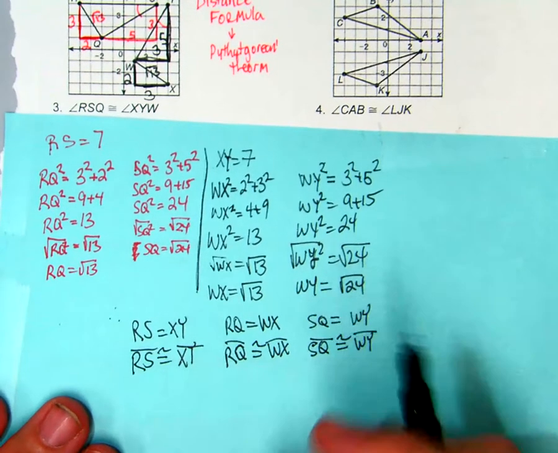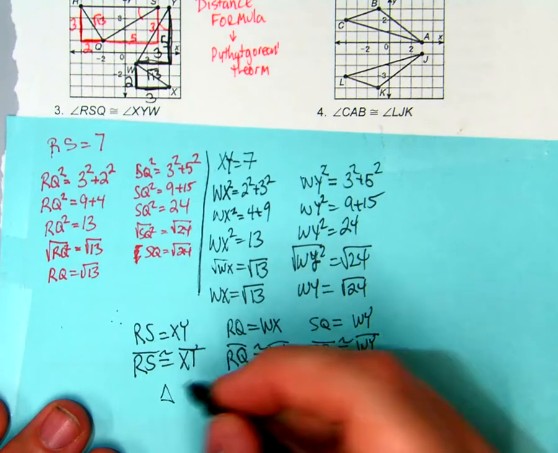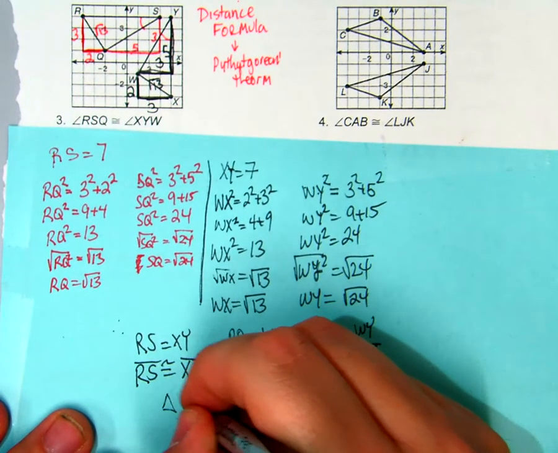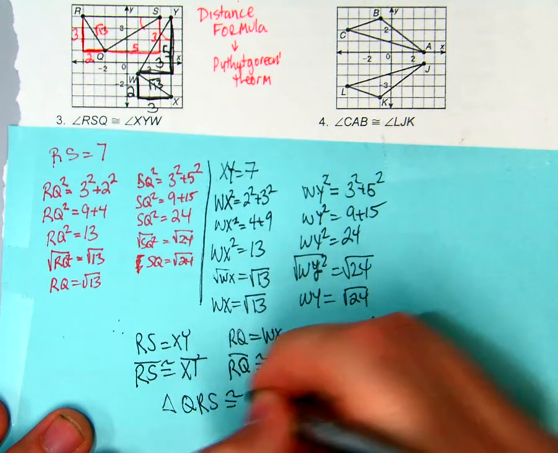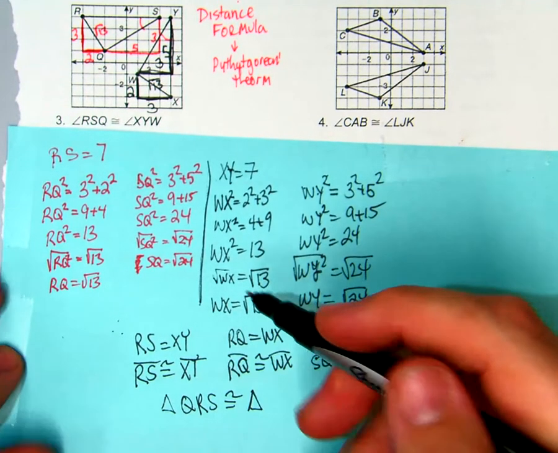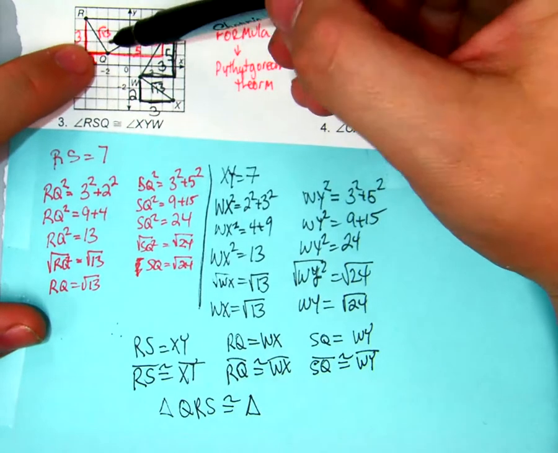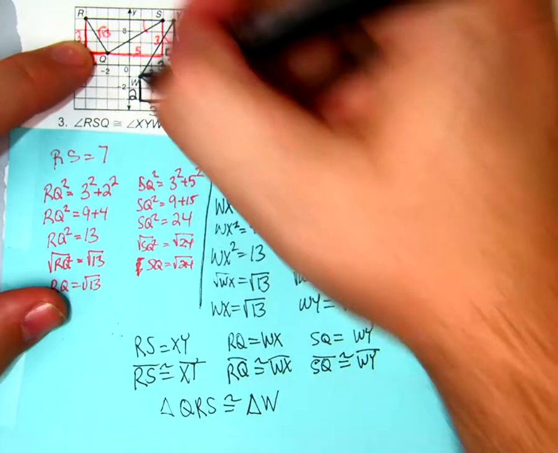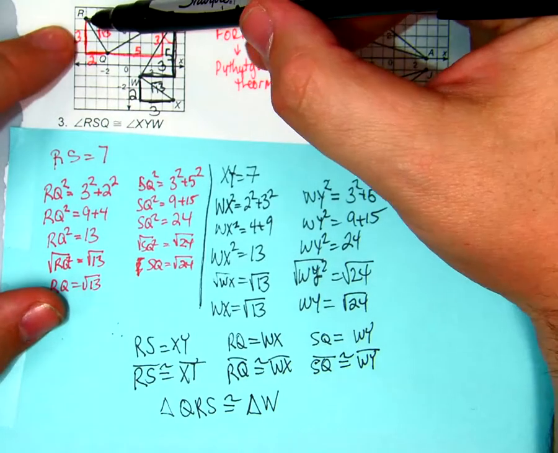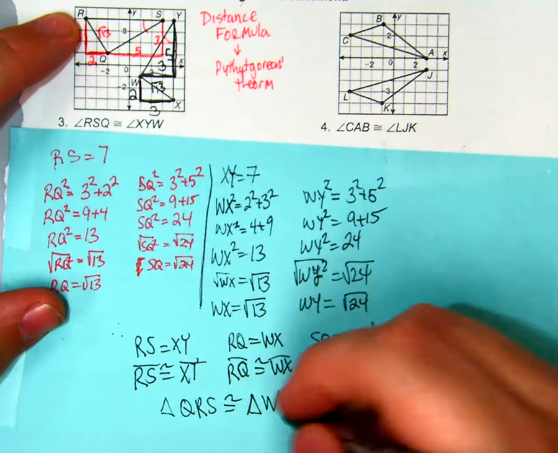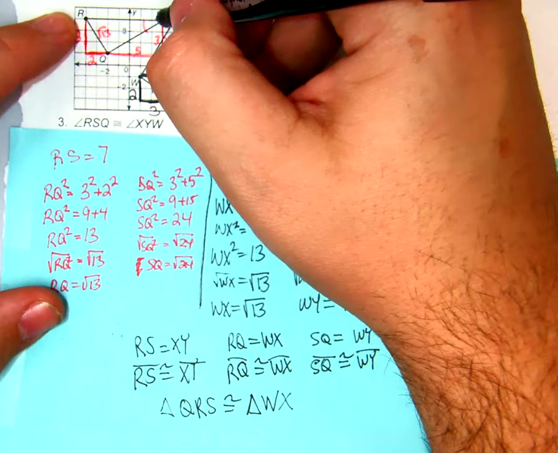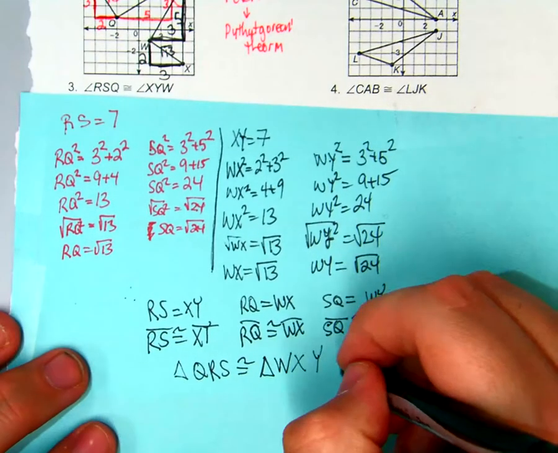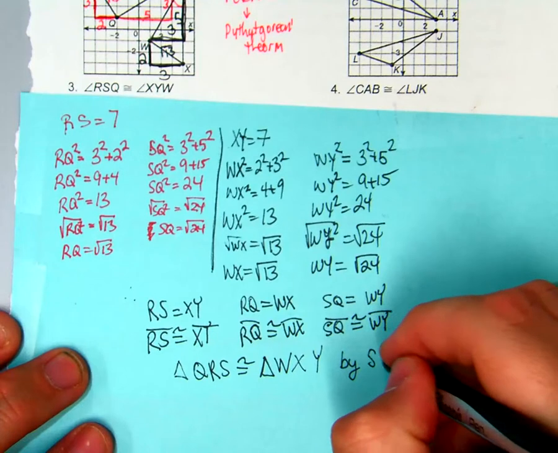because now what we can do is we can say that triangle QRS is congruent to triangle, well, Q is corresponding to point W. R is corresponding to point X. S is corresponding to point Y. And the reason is side, side, side.